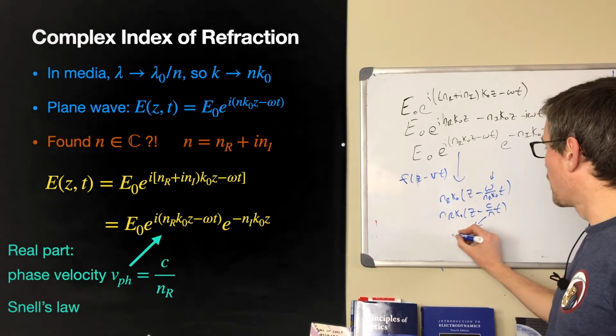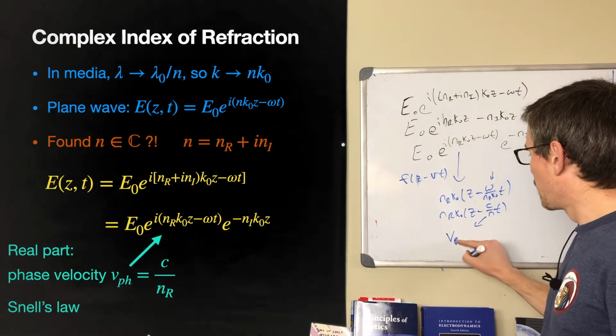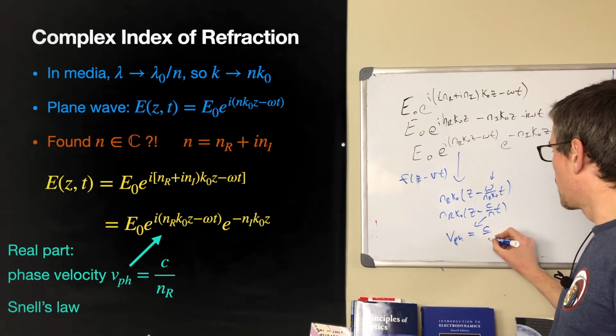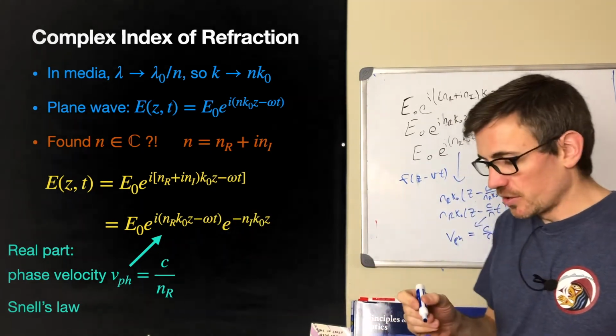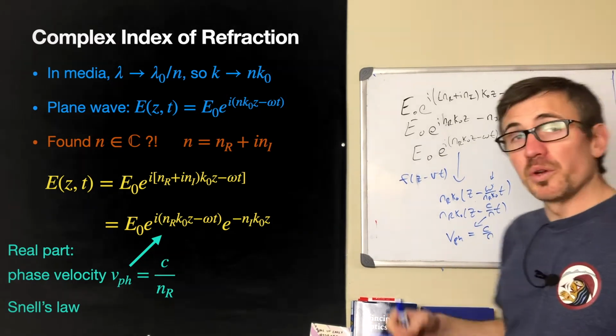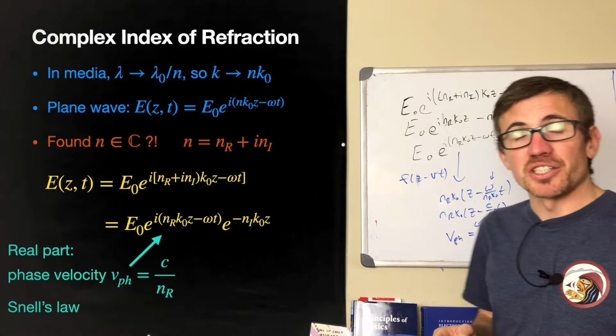And we got our velocity, which now we actually call the phase velocity. We don't even just call it the wave velocity anymore. We call it the phase velocity because it is the velocity of a phase front as it propagates through space. So if we have a single plane wave, the velocity of it is c over n. The real part of the index of refraction is what we've been calling the index of refraction all along.